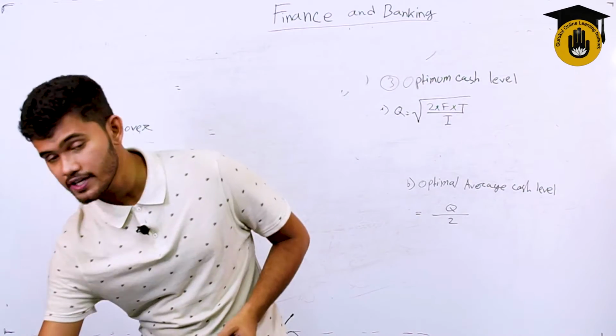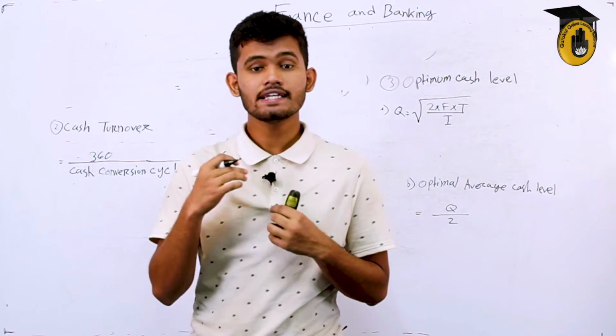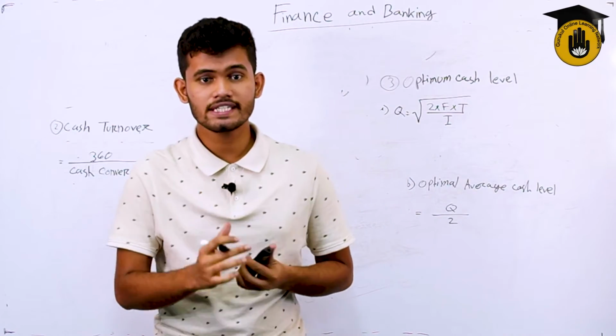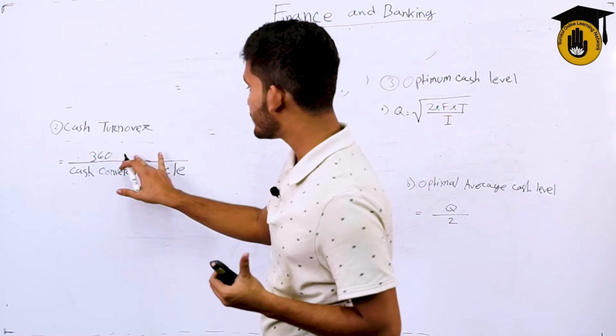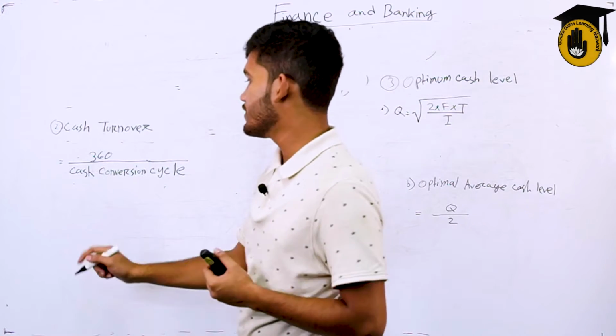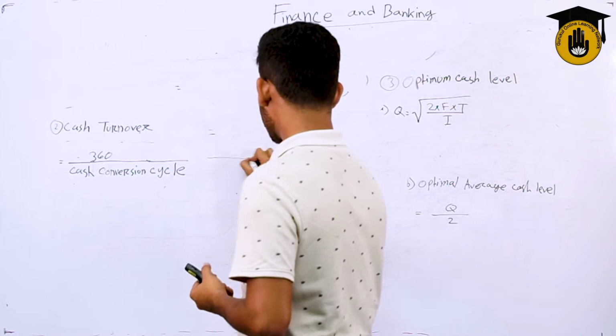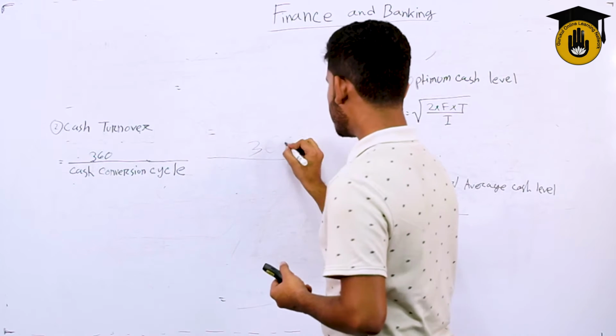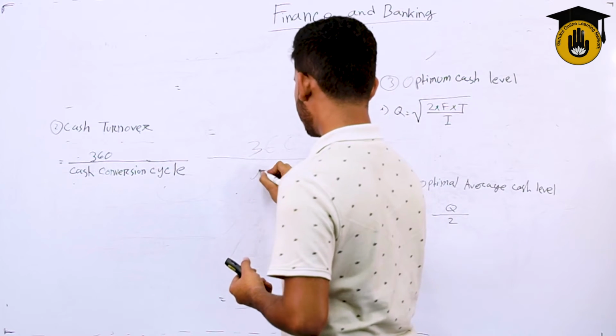So as we figured out, our cash conversion cycle is up to a maximum of only 95 days. We'll simply put it in our equation over here. It would be 360 divided by 95.